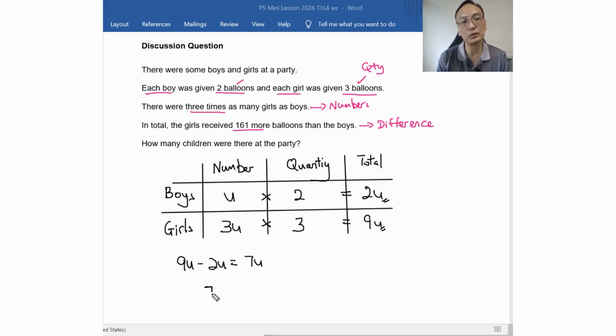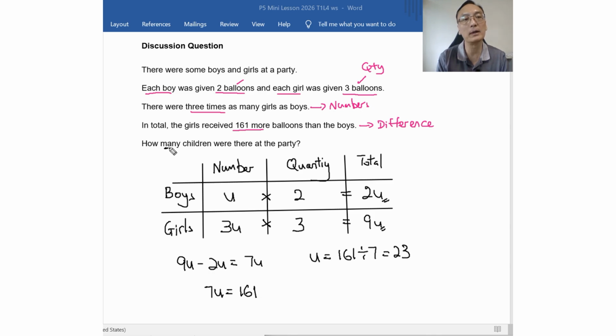So we know that 7 units is equal to 161. So in order to find the value of 1 unit, we will take 161, divide by 7, and we will arrive at 23.